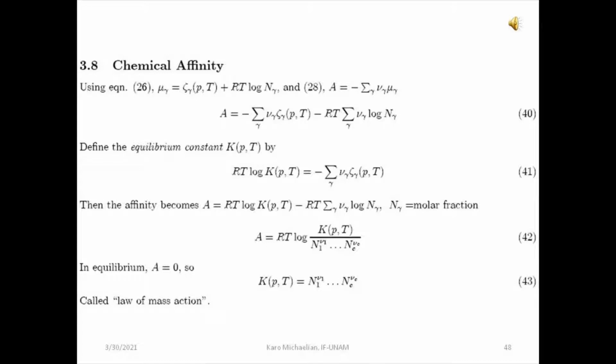And therefore that implies that the equilibrium constant K is just equal to the multiplication of all of the molar fractions raised to their stoichiometric coefficients. And this equation, equation 43, is called the law of mass action. So equation 43 is only valid when the system is in equilibrium, when the affinity is equal to 0. That is why K is called the equilibrium constant.